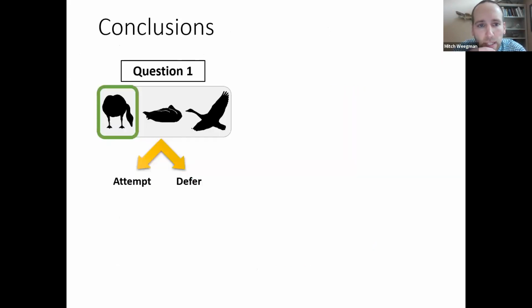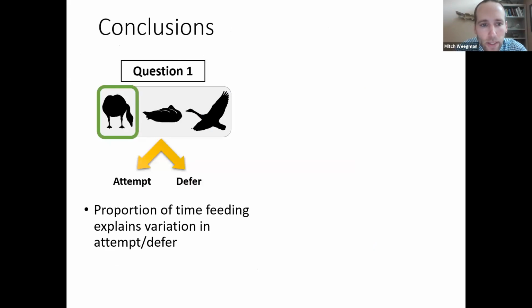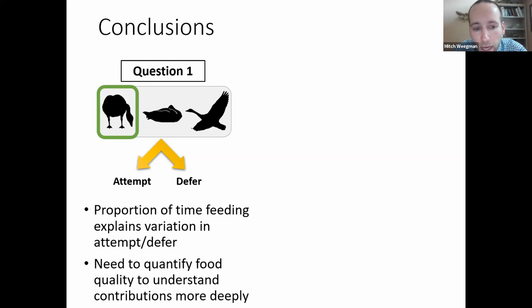So I'd like to present a couple conclusions here. In terms of evaluating our first question, how proportionate time feeding might explain variation in the probability of reproduction, we showed that there's some substantial evidence that variation in the proportionate time feeding can be linked with the probability of attempted breeding. However, we need to quantify the food quality to understand the contributions more deeply.